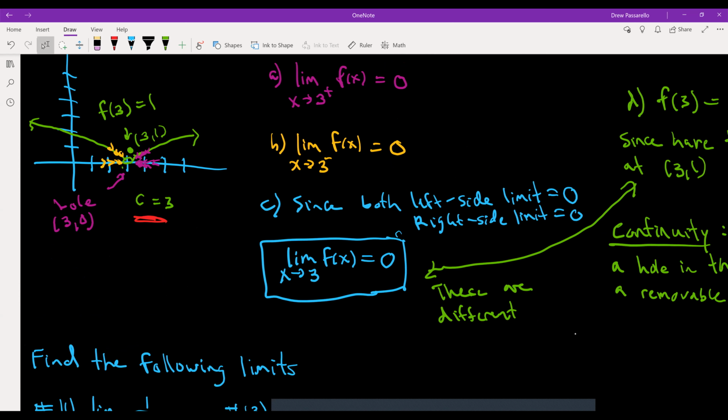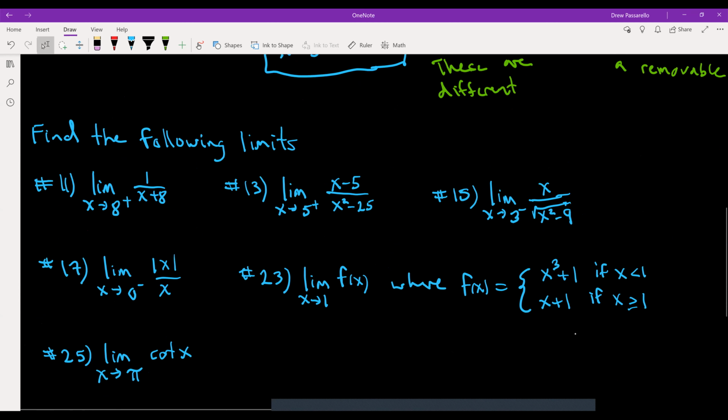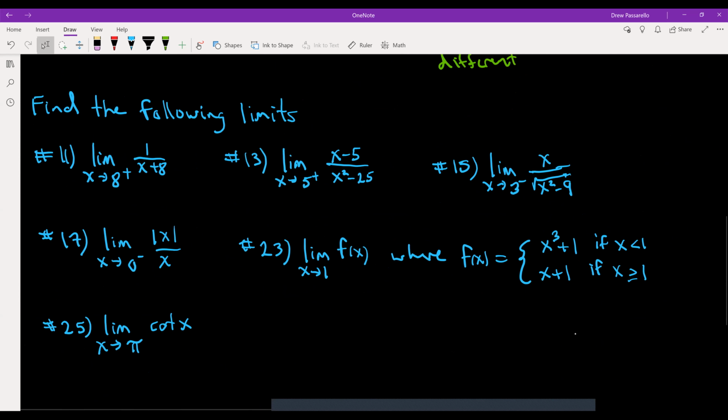Now, the next couple examples, you're going to find the following limits. And anytime I'm finding these limits using the analytical approach, you try to plug in the x value which you're approaching the limit.